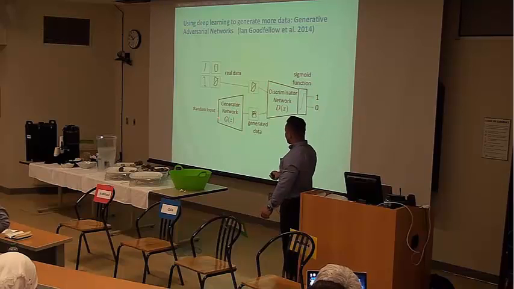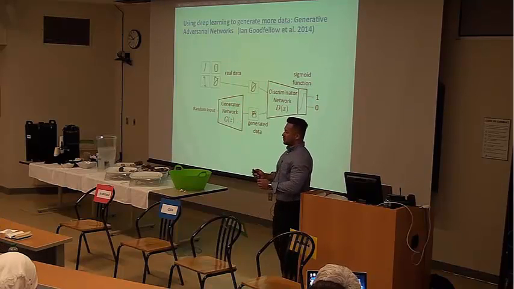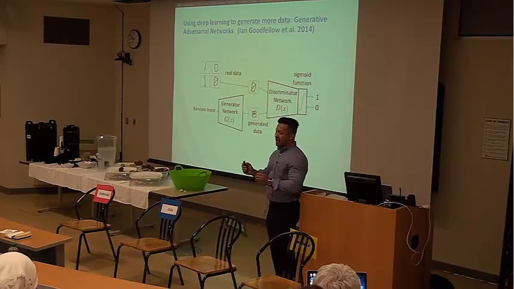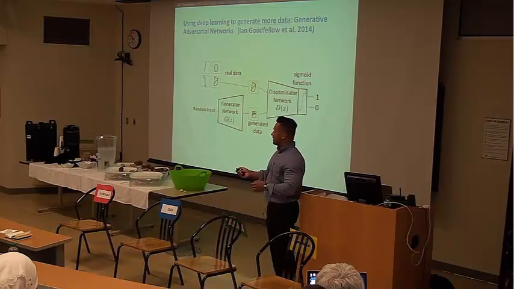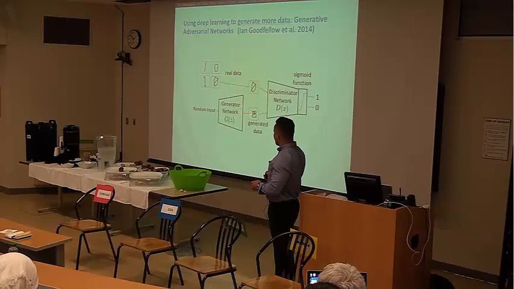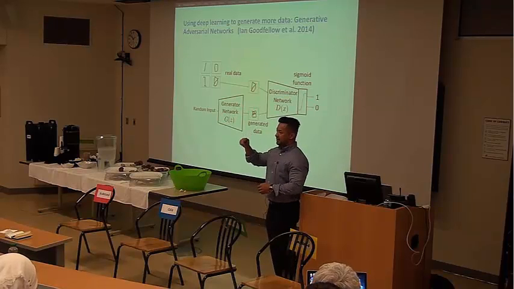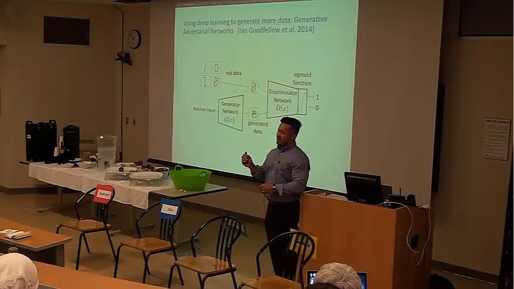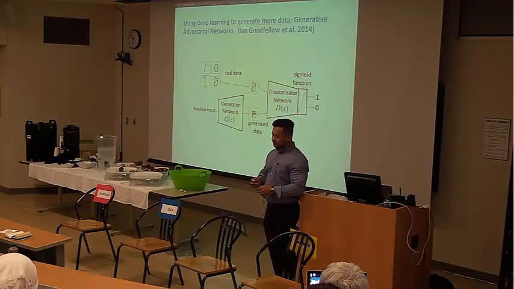One network is the generator network, which is trying to counterfeit or deceive. The other network is the discriminator network. The algorithm works in a very simple way. Here we have an example where the generator network is trying to handwrite digits, and the task of the discriminator network is to determine if the digits are real or not.